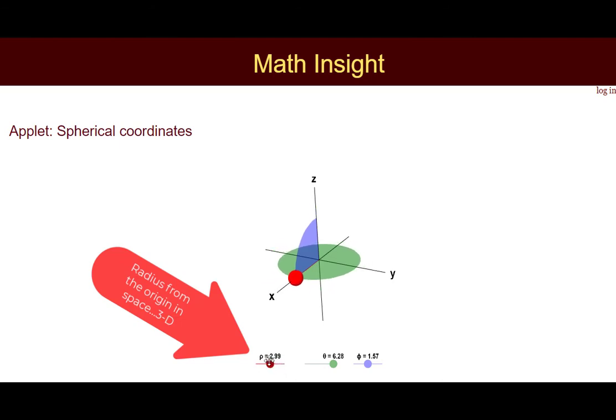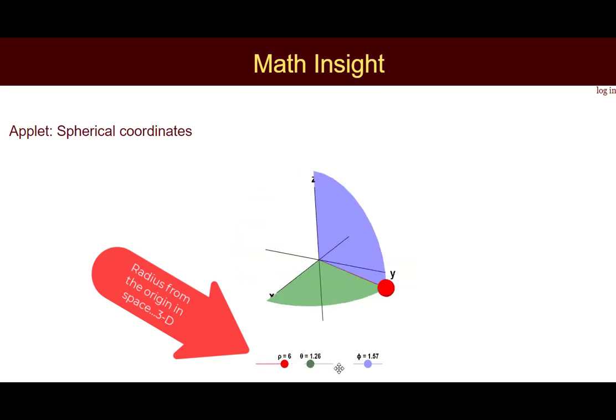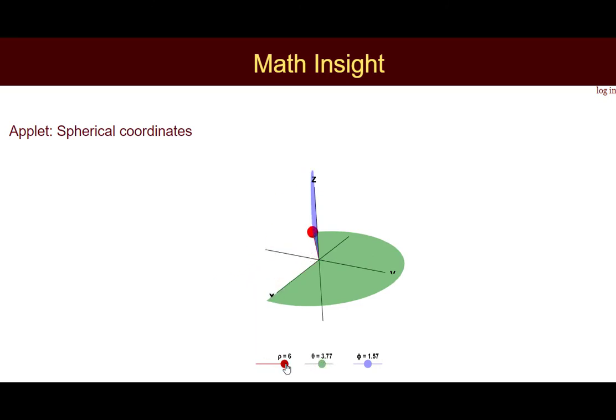So the way this picture looks, if the radius is smaller, if the radius is bigger, you can sort of see how that looks here. Let's move a point over here somewhere. If the point is closer to the origin or farther from the origin, so theta aims you over there, and rho is how far you're going to go. But that doesn't help you get things into space.